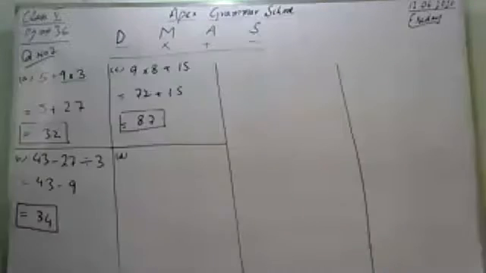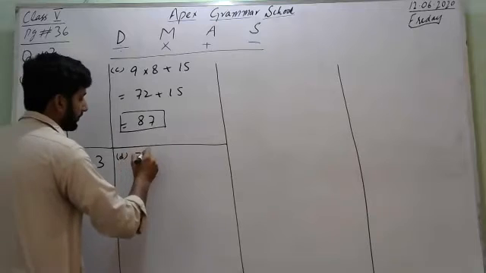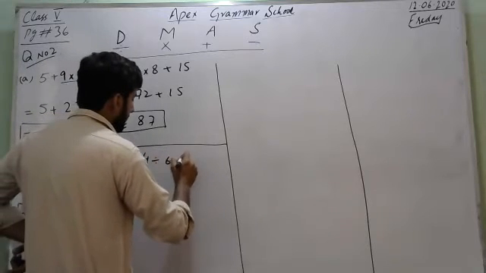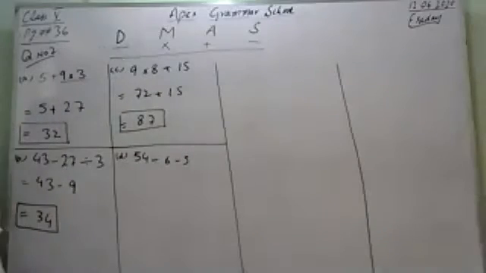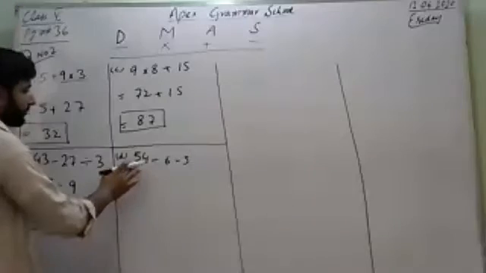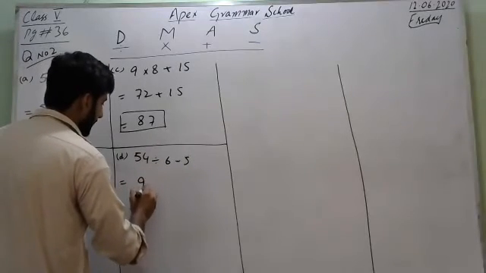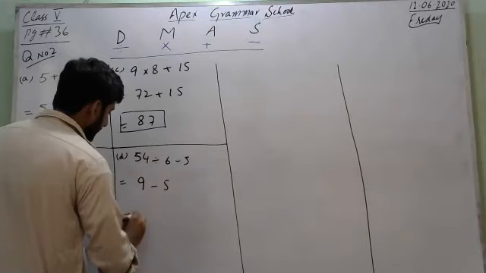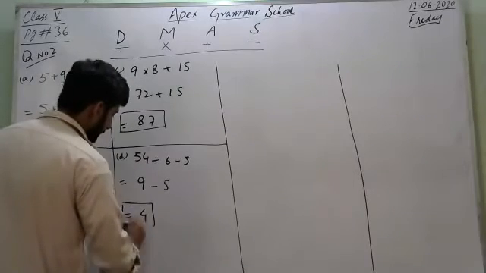D part is 54 divided by 6 minus 5. So, first of all, division. 54 divided by 6, answer is 9, minus 5. 9 minus 5, answer is 4.